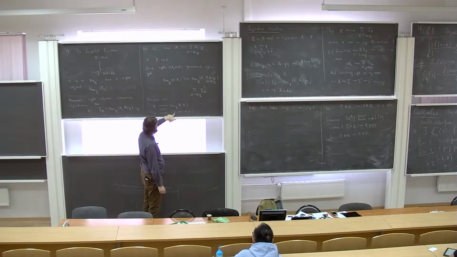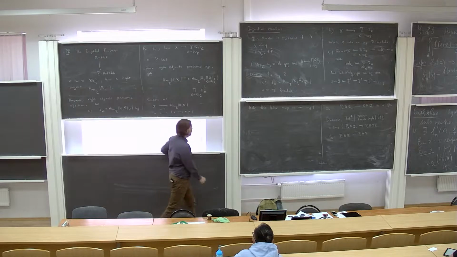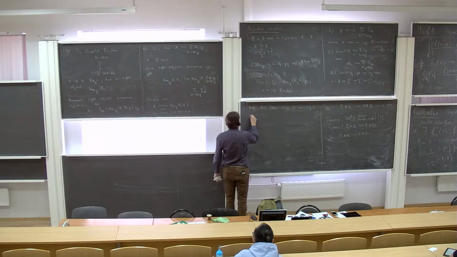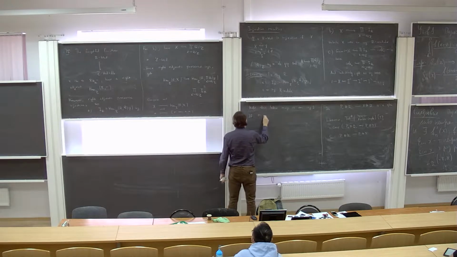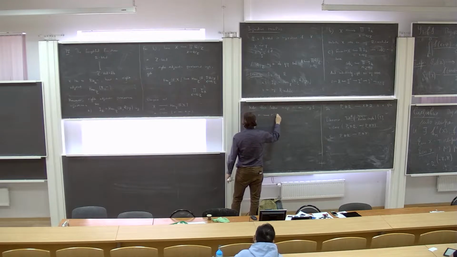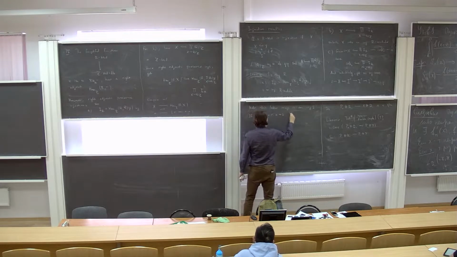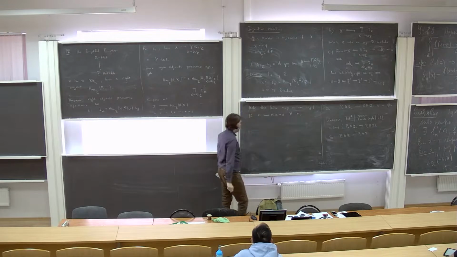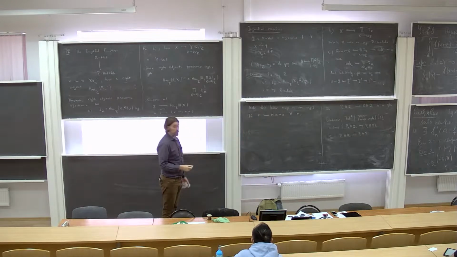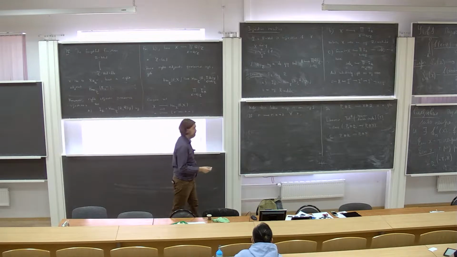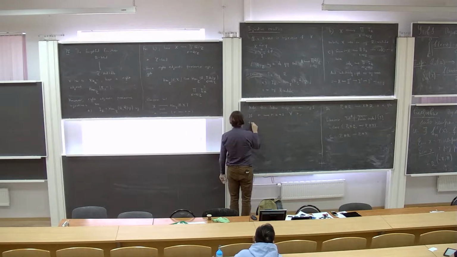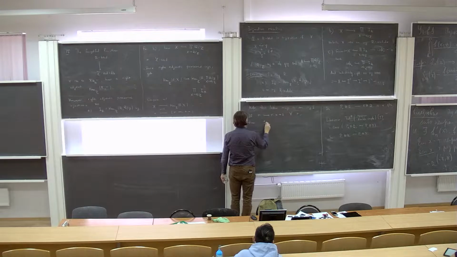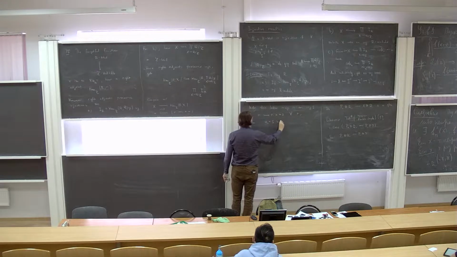That would mean this map, which sends r to r times X, would be 0 for every r. So if it's 0 for all r, in particular it's 0 for r equals 1. It would be 1 times X, which is X, equals 0.